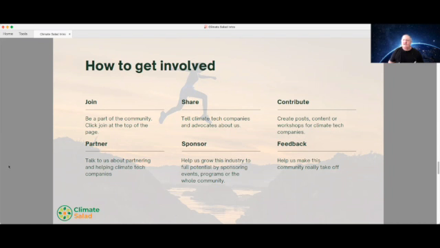ClimateSolid does have some corporate sponsors which help to defray the cost of keeping this community together and running and managing it and putting on the showcases and all of that. If you think your business potentially has a pathway to partner with ClimateSolid, by all means, ping them, or you can ping me, and I'll put you in touch with the right people.